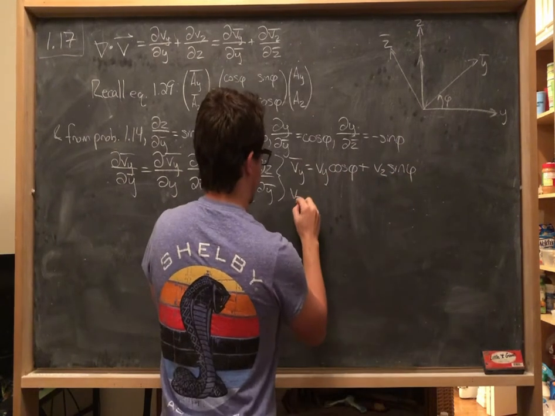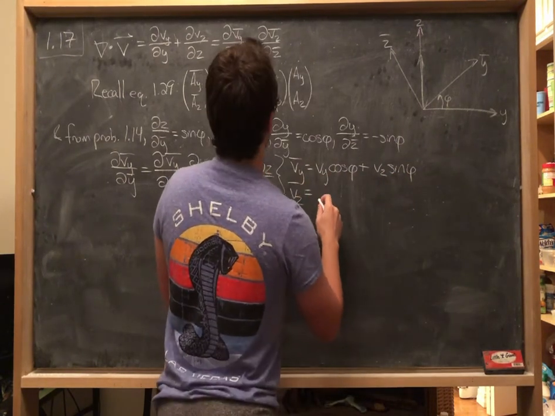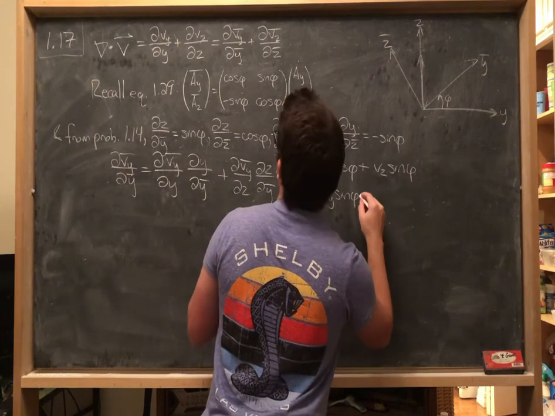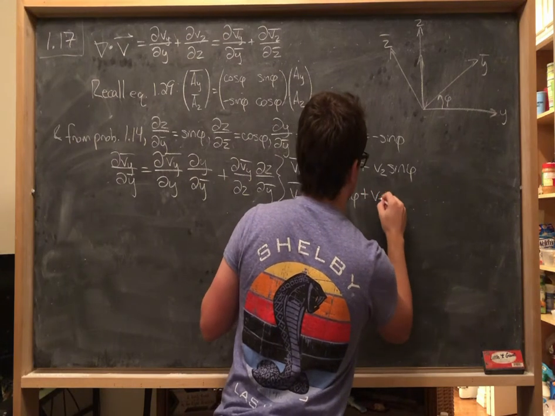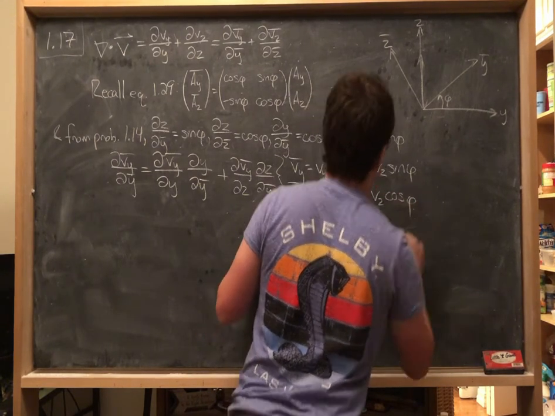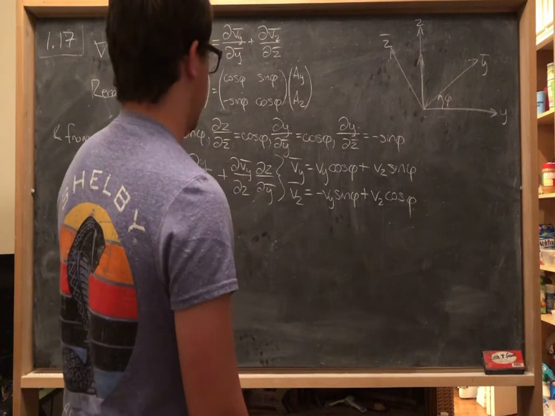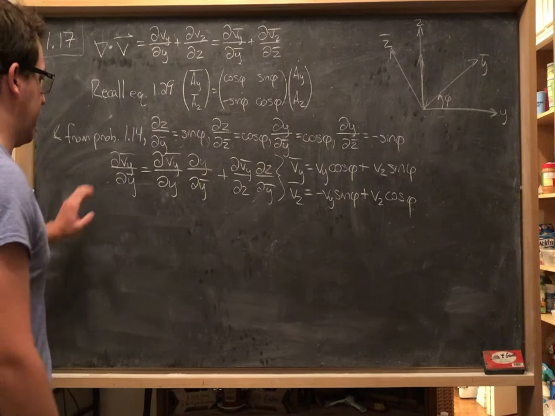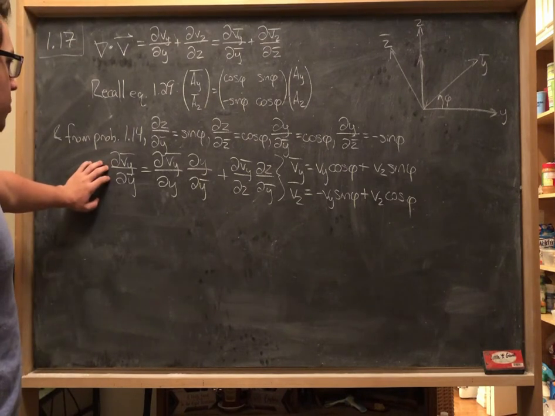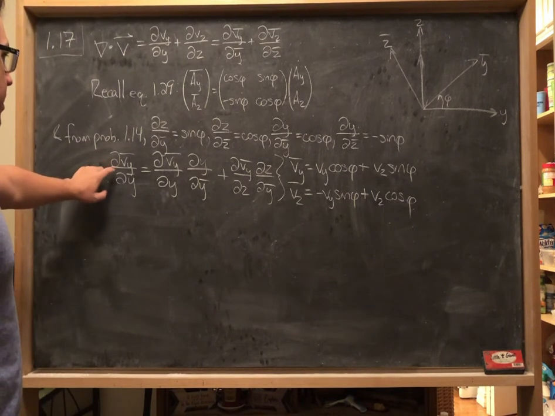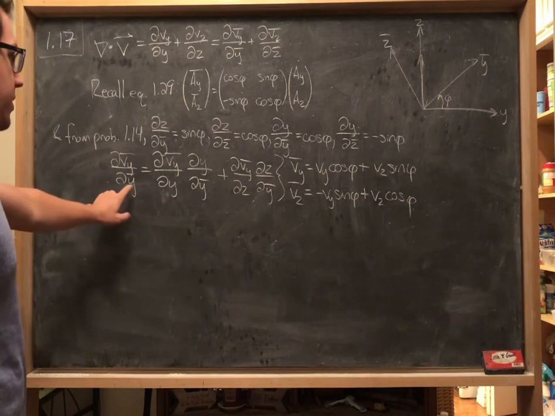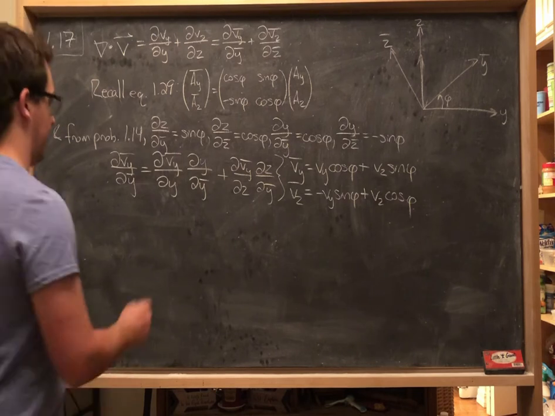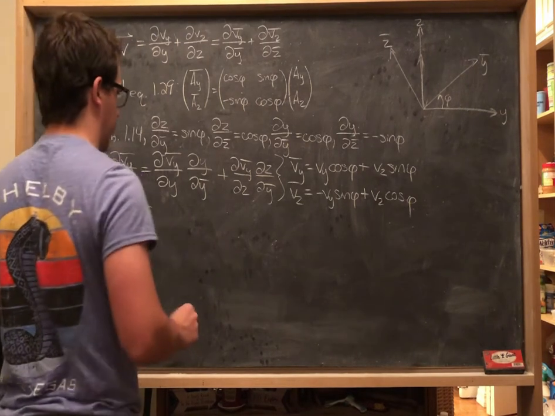And likewise, Vz bar expressed in the new basis is minus Vy sine phi plus Vz cosine phi. And then we can write out basically the same equation for d vz bar d z bar, and then we would add those two. So I'll just write this out further.